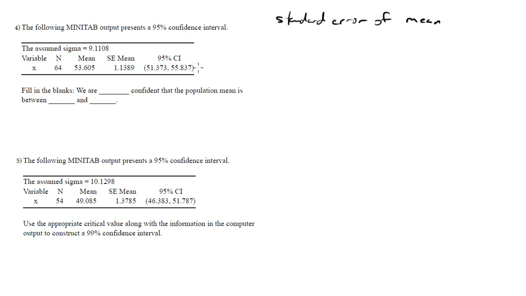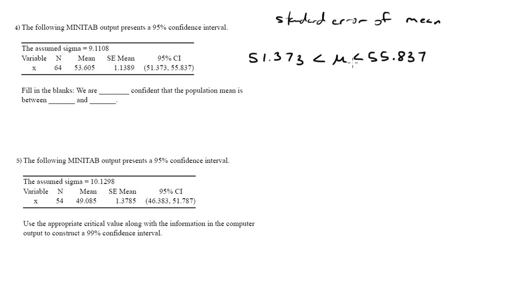This output is very similar to the output that you see in the TI-83-84 graphing calculator, right? Where you see the endpoints of the interval as an ordered pair. So in this case, the 95% confidence interval would be 51.373, less than my population mean, which is also less than 55.837.